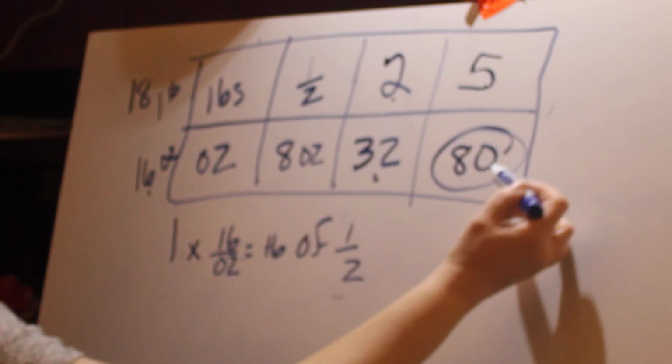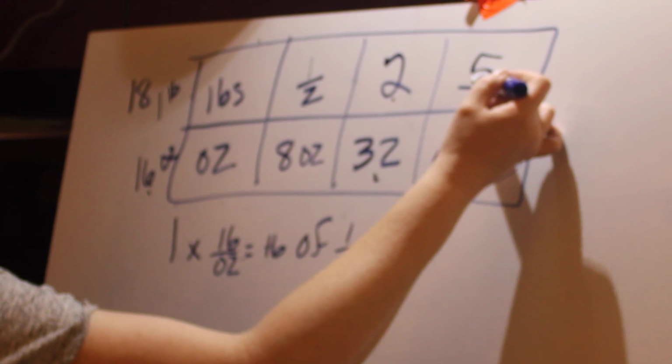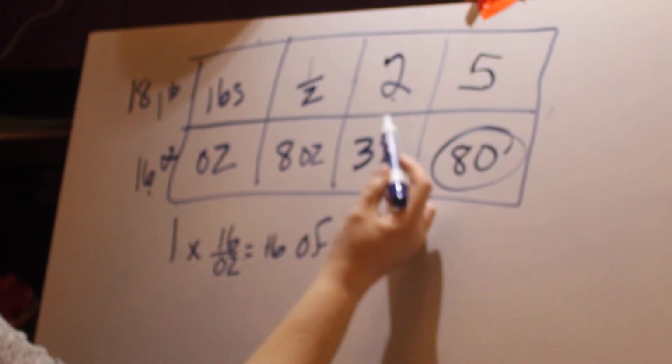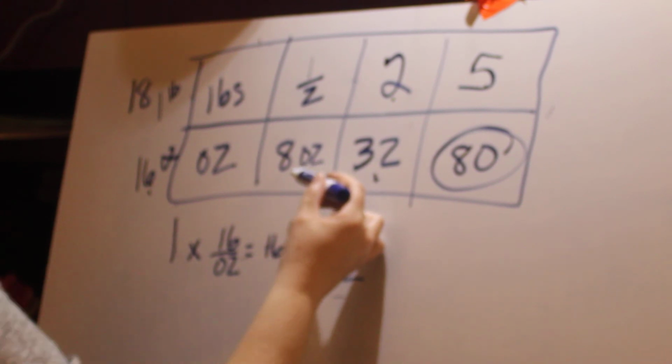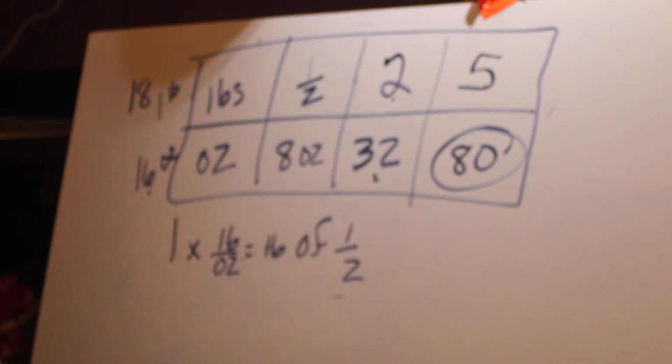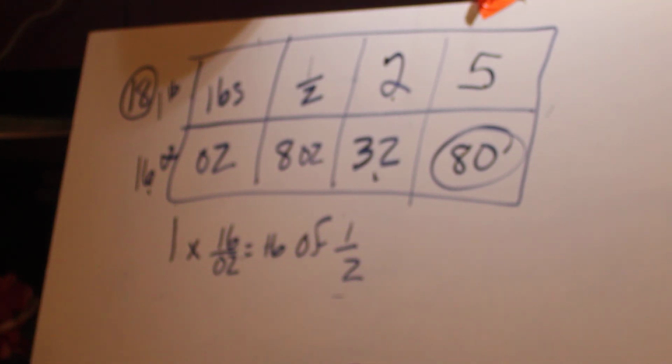So if you look, you can go both ways on the chart. 80 divided by 16 gives you 5. 32 divided by 16 gives you 2. 8 divided by 16 gives you 1/2. And you can go the other way as well. And this was the answer to number 18. Let me just make sure the camera hasn't shut off. Nope, we're good.